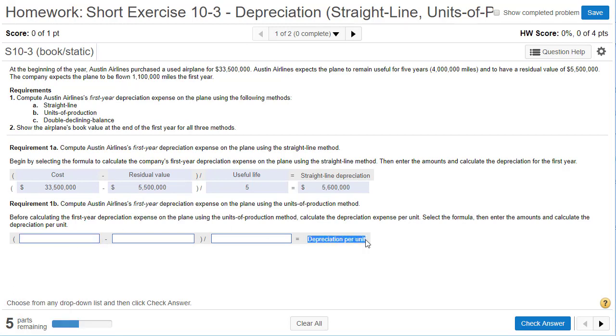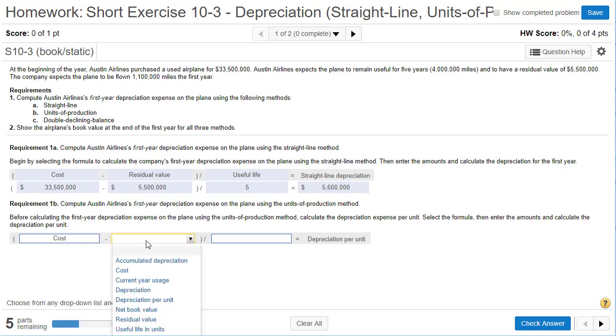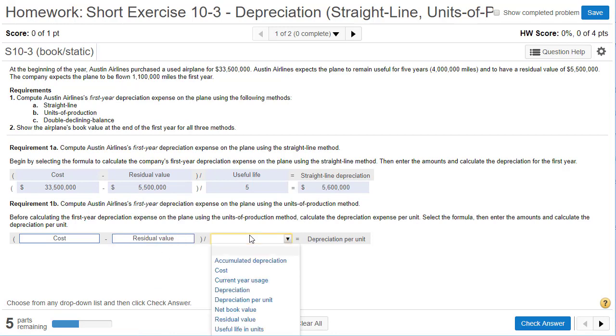In this case, depreciation per mile. So to do that, we're going to take the cost minus the residual value. And then we're going to divide that by the useful life in units, which is the number of miles.